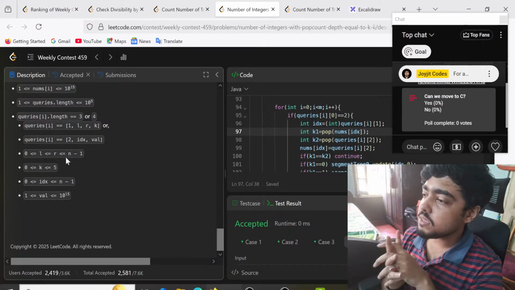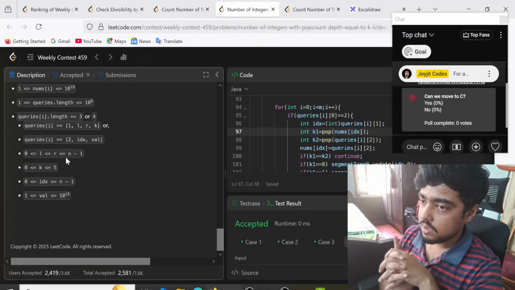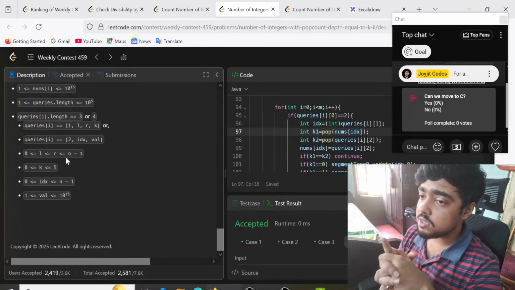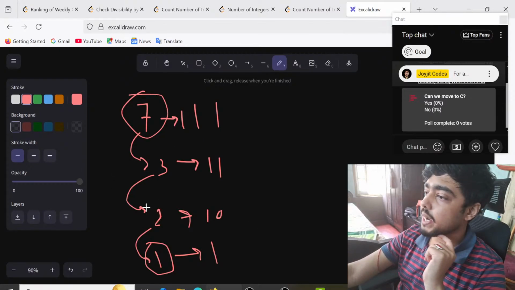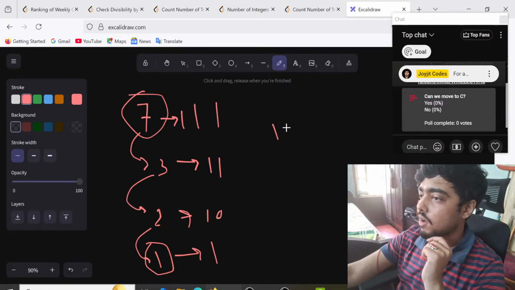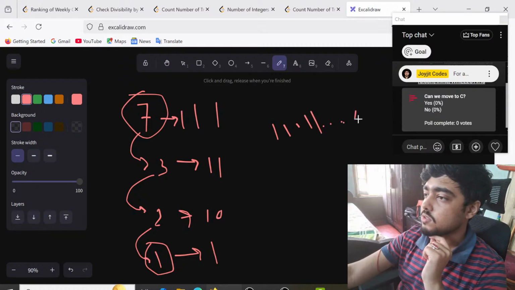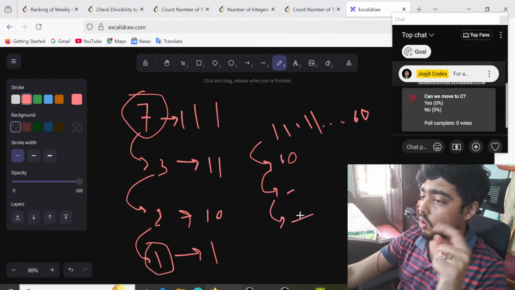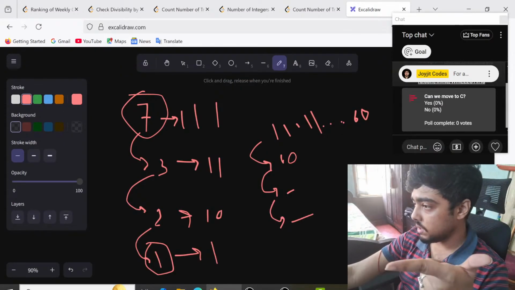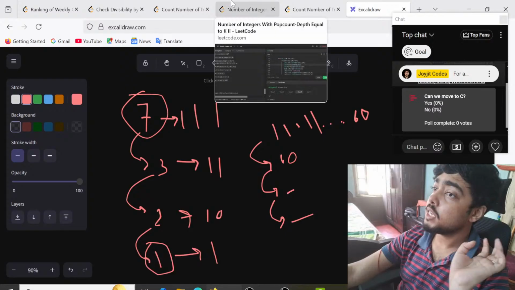At max there can be 61 ones, because it is decreasing at a huge rate. With 60 ones, that number gets converted to 60, then to the number of ones in 60, and so on. So it is not as much as we think. It is very small.